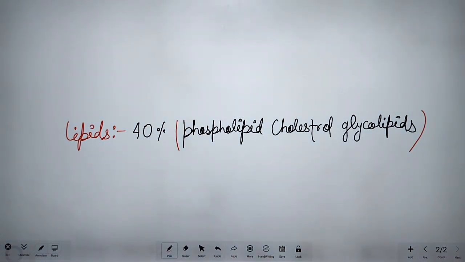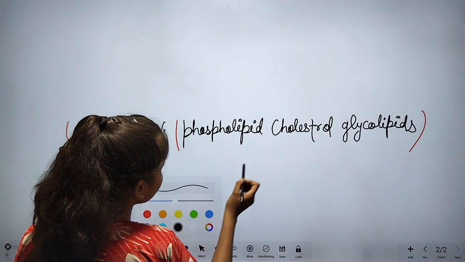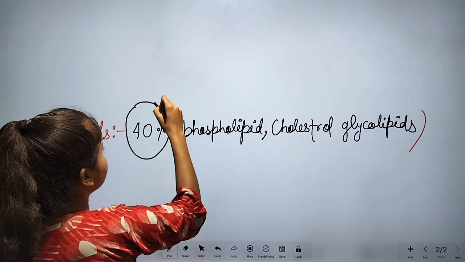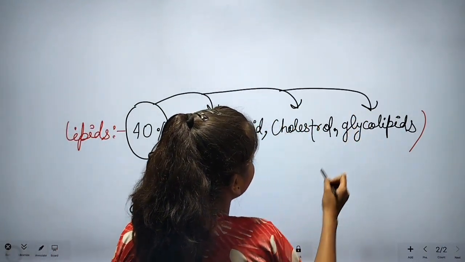Okay, it means in the plasma membrane there is 40% lipid, in which there are phospholipids, cholesterol and glycolipids.